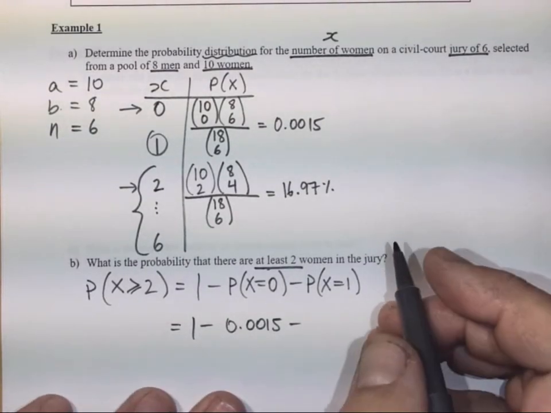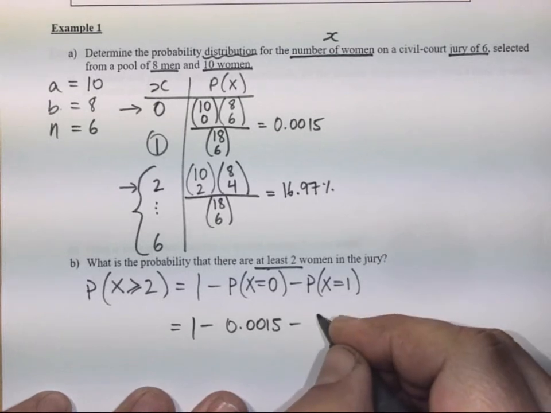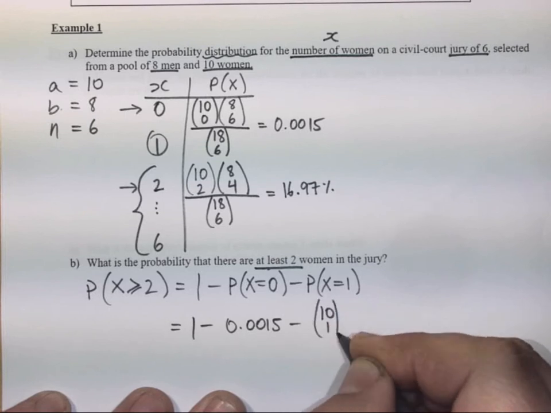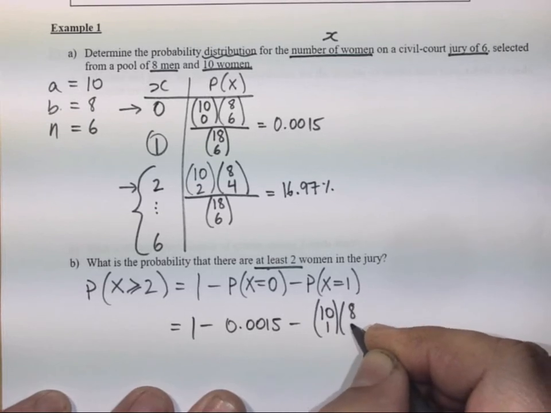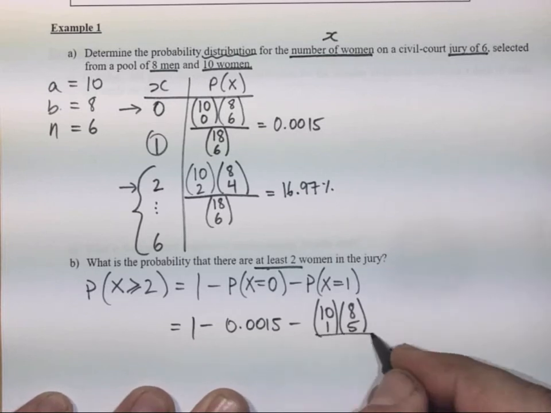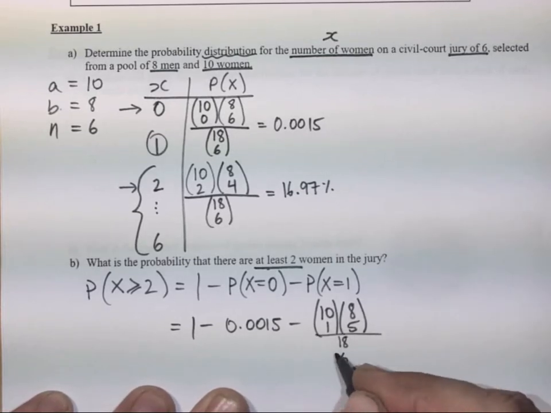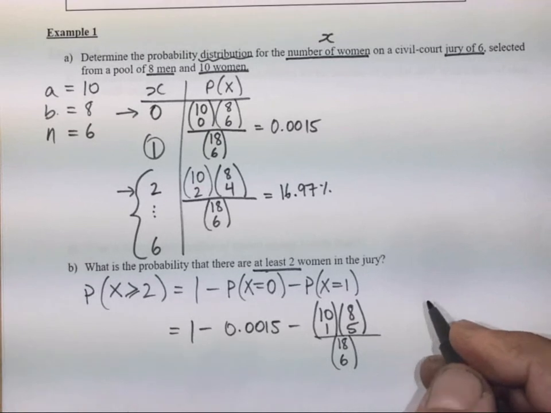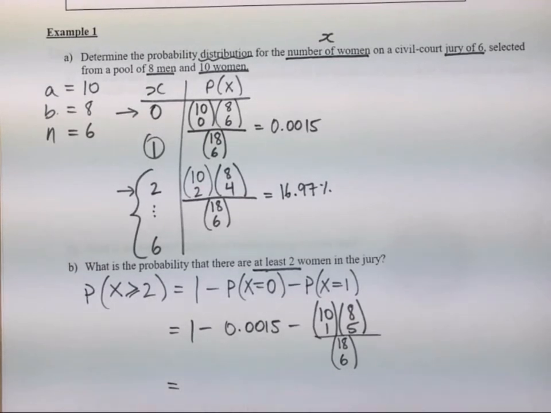Okay, here is the answer to this one. To set this up for x equals 1, we have 10 women. We need to choose one of them. We have 8 men. We have to choose how many? 5, that's right, because there's a jury of 6 still. Divided by 18 choose 6. And when you calculate all of that, you should get your final answer here.